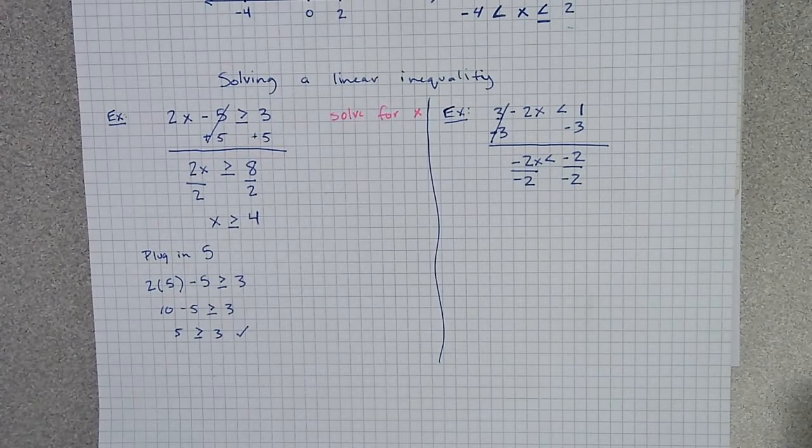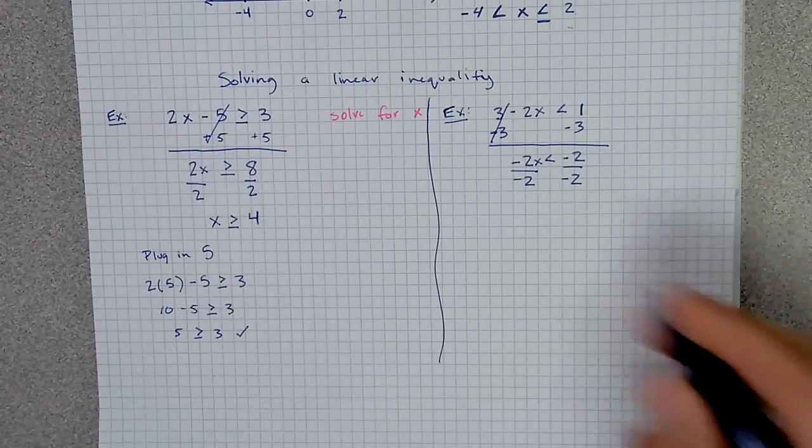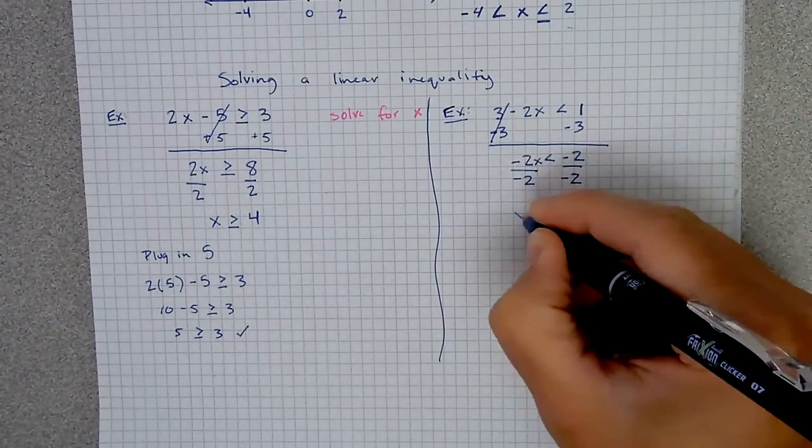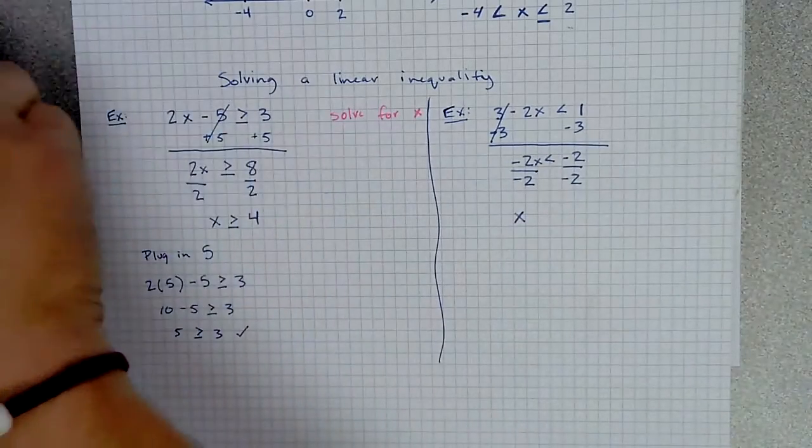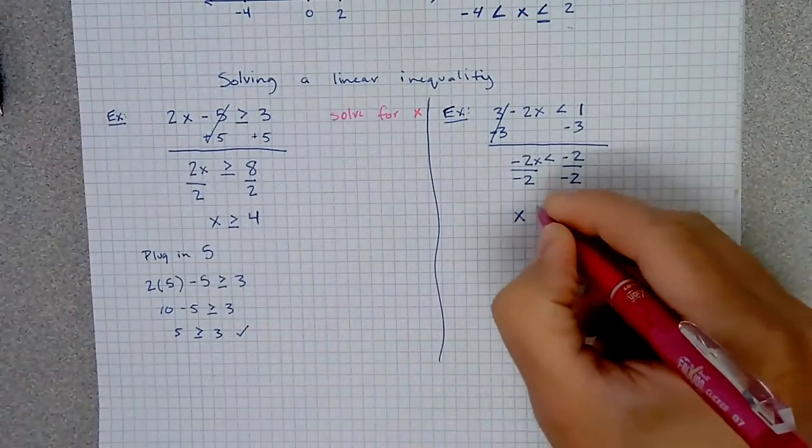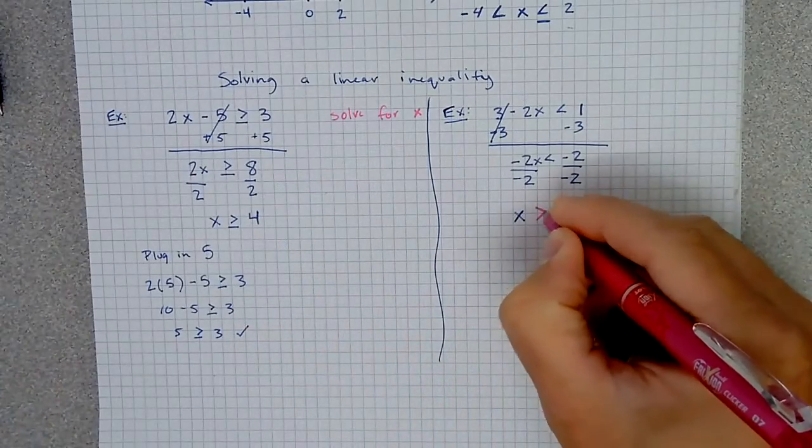Does anybody know what happens when you divide by a negative? It does become positive, you're right. Well, a negative divided by a negative becomes positive. But in the world of inequalities, if you divide by a negative, you flip the sign.